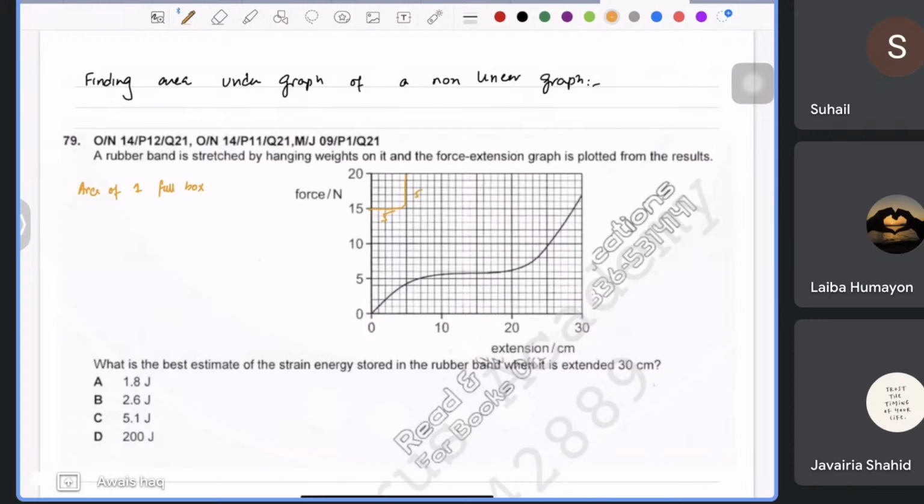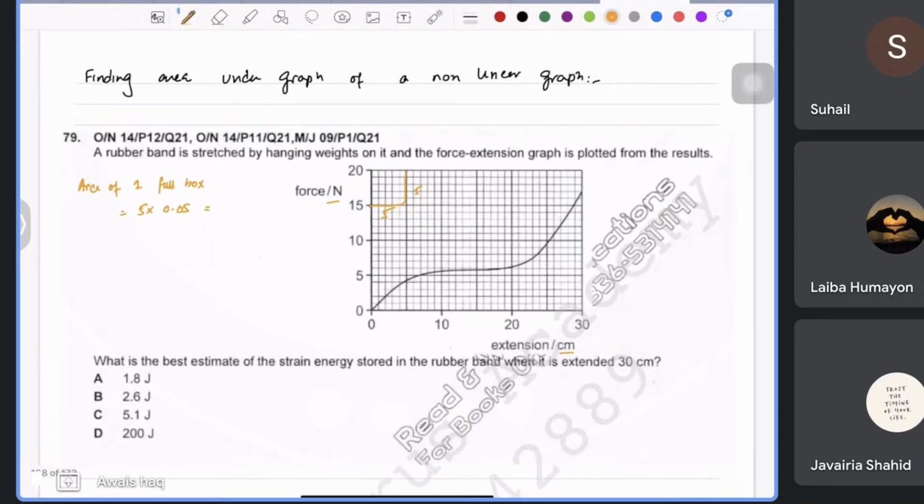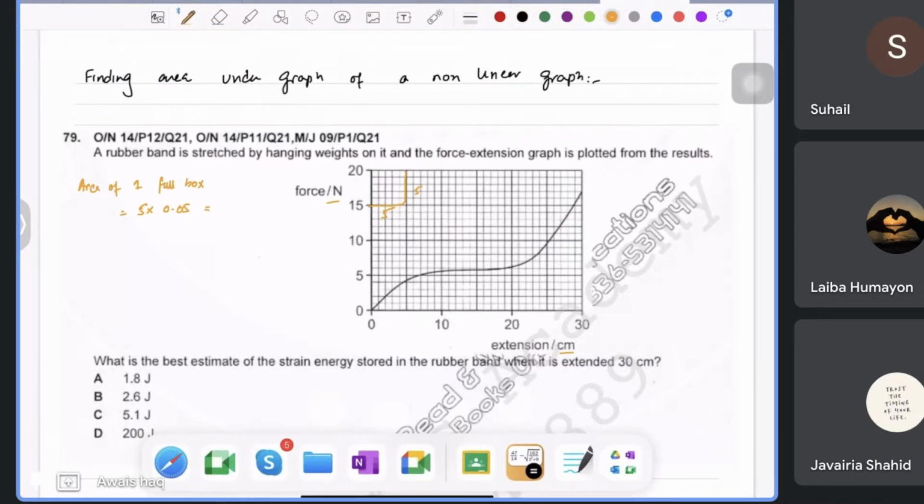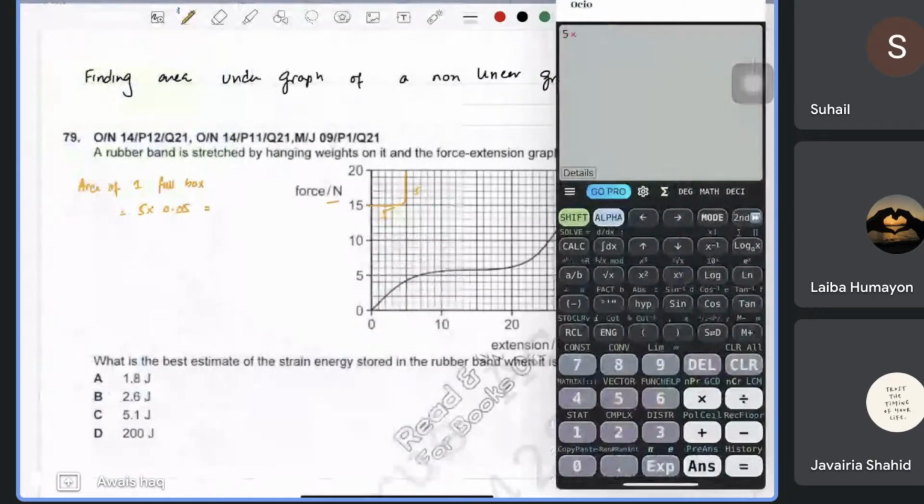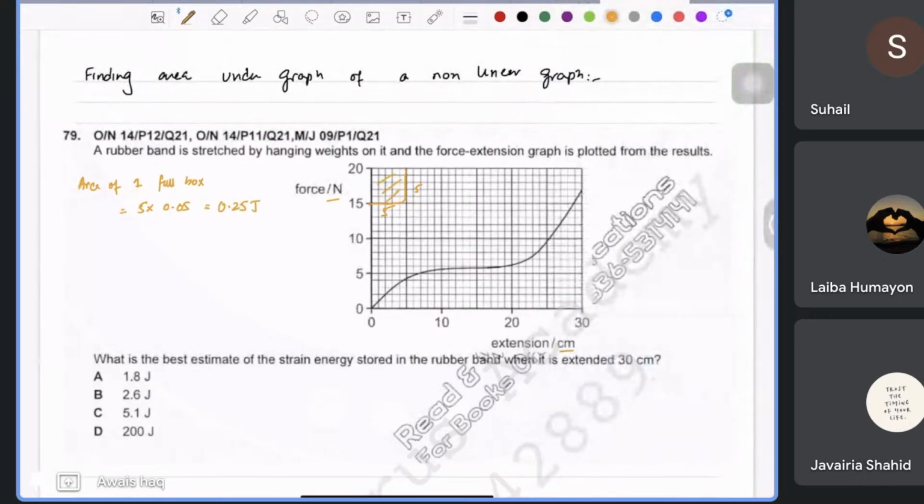So it means that it's going to be newtons and that's in centimeters. So we will say it is 5 into centimeters divided by 100. So it is going to be equal to 5 into 0.05, which is 0.25. So that would be the amount of energy in one complete box.